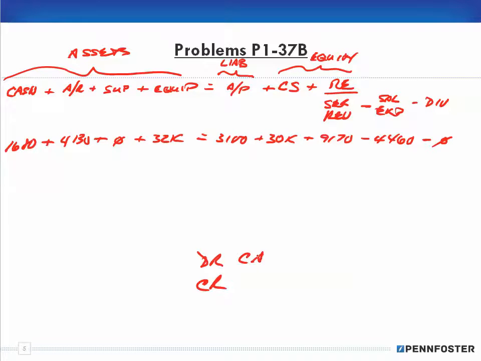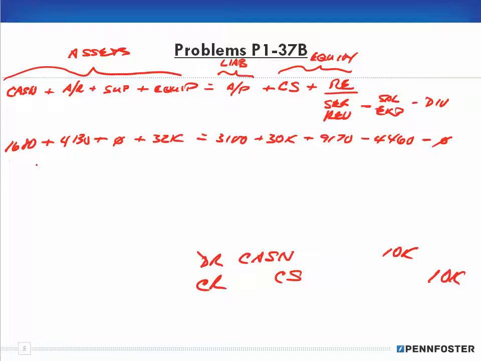I'm going to debit my cash because I'm increasing my cash on the debit side, and that's going to be 10,000. And since my debits have to equal my credits, all I have to do is find the proper account to put the credit to for 10,000. What's happening? Well, we're buying common stock, so I'm going to have a credit to common stock, and of course I'm abbreviating, and that's my journal entry.